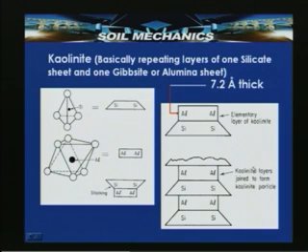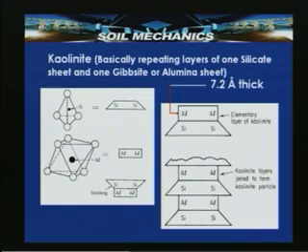The elementary layer of kaolinite is 7.2 angstroms thick. 1 angstrom is equal to 10 to the power of minus 10 meters. So, kaolinite is basically repeating layers of one silicate sheet and one gibbsite or alumina sheet.